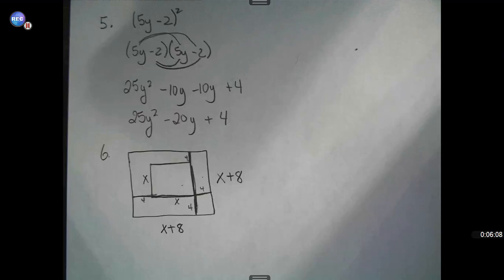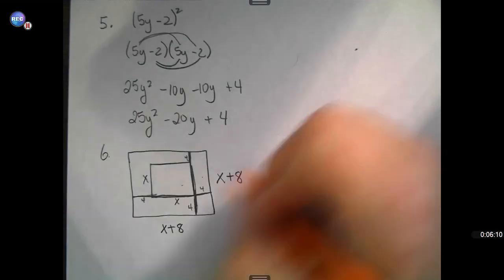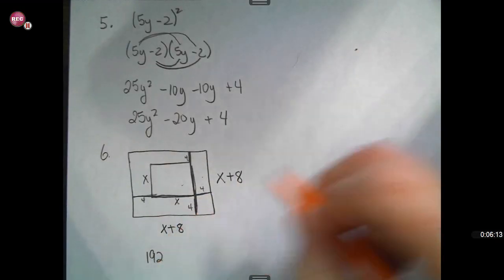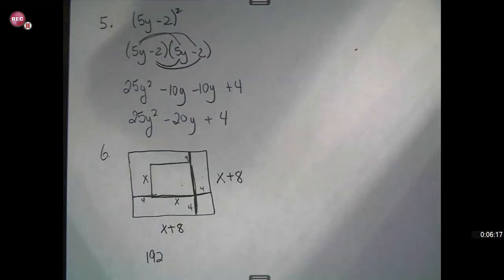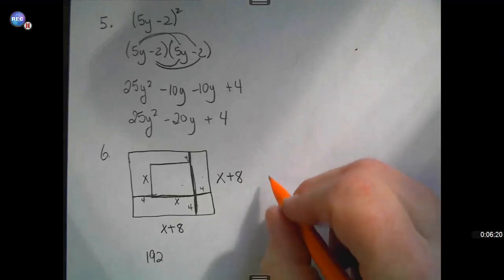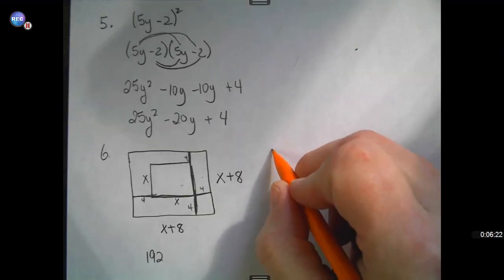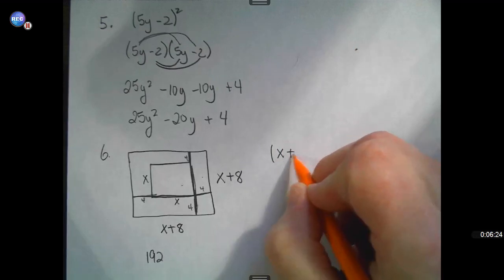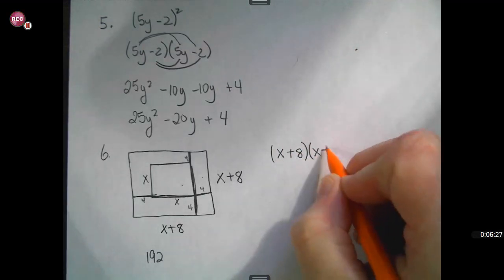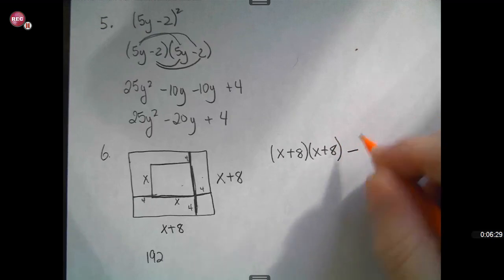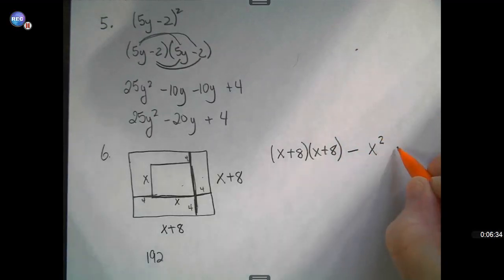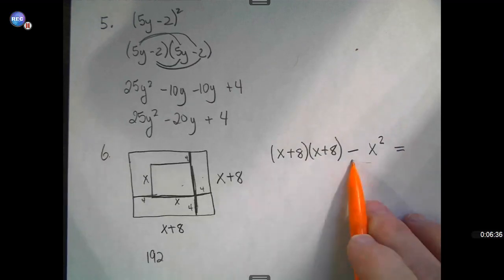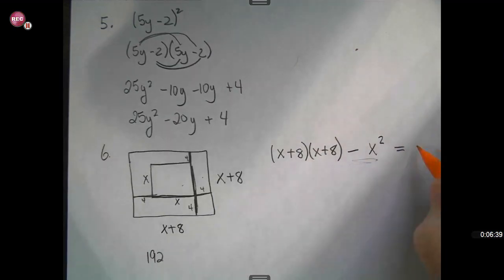And the area of the frame alone is 192 square centimeters. What's the area of the picture? So I need to solve for x. And I think what most of you did when we went over this in class, you were taking the area of the whole thing, so x plus 8 times x plus 8, subtracting the area of the picture, which in this case is x squared, and that will equal the area of the frame.